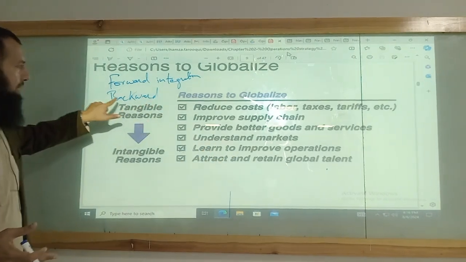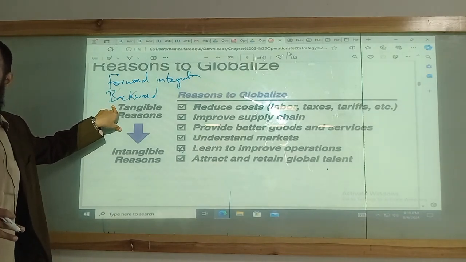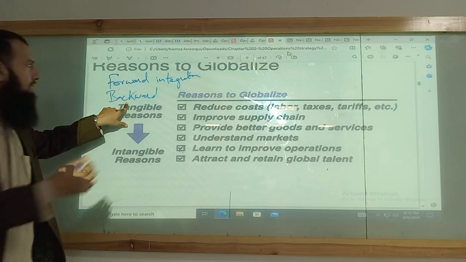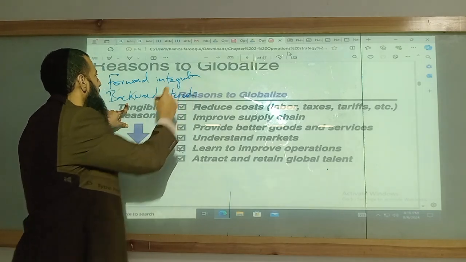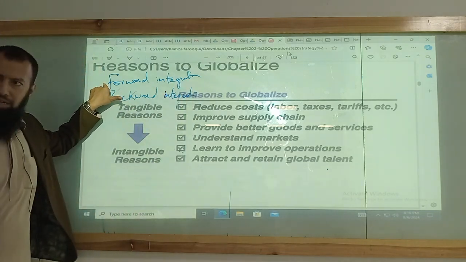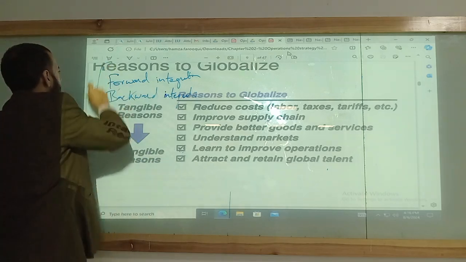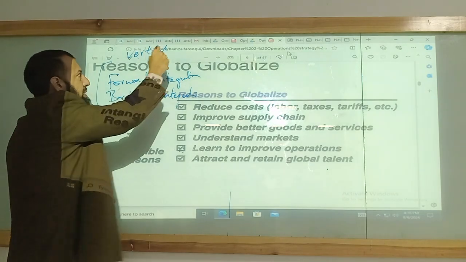So when companies acquire their own suppliers, purchase their own suppliers or become their own suppliers, it is called backward integration. And when the company starts retailing its own products, it is called forward integration. So this is all part of vertical integration. These are the types of vertical integration.